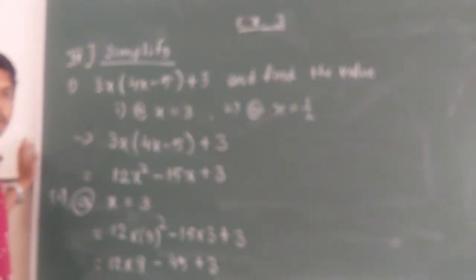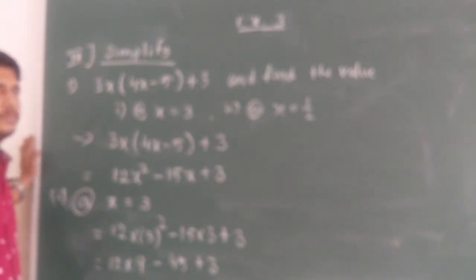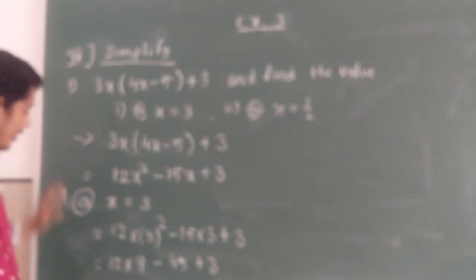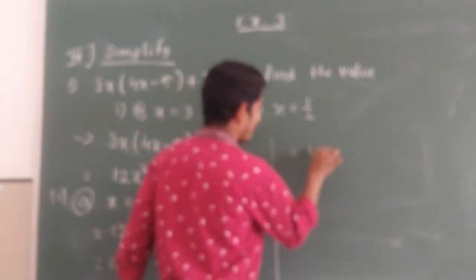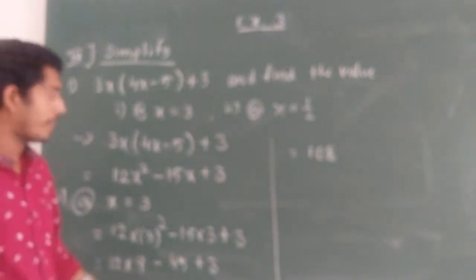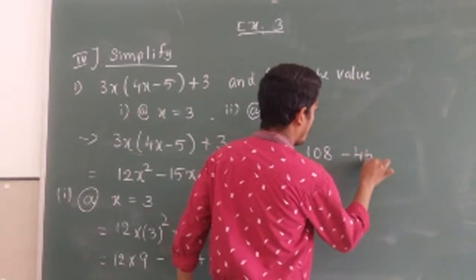So I think we understood this process. Next, 12 nines, how much? It is 108. Then minus 45 plus 3.